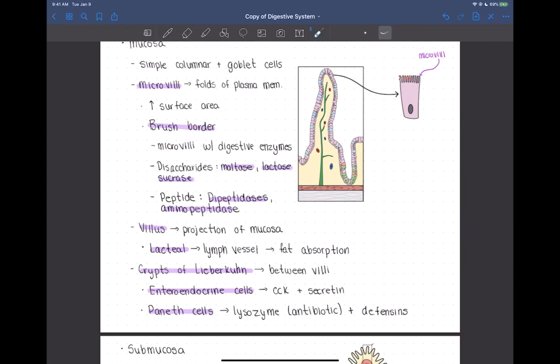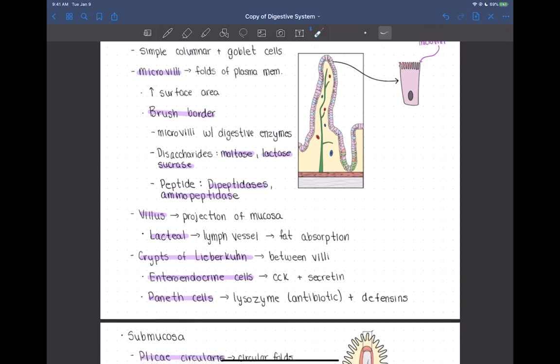And then for our peptides, we have the enzyme dipeptidase, which would be for a dipeptide, and we also have the enzyme aminopeptidase. Typically with peptides, these enzymes are going to target very specific bonds between certain types of amino acids. There's going to be a lot more than just this, but these are the ones you need to know as examples of brush border enzymes.